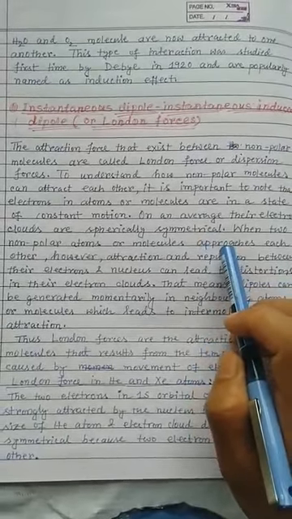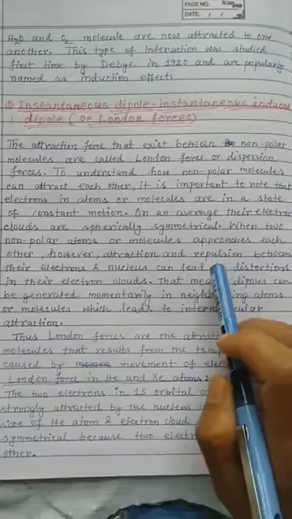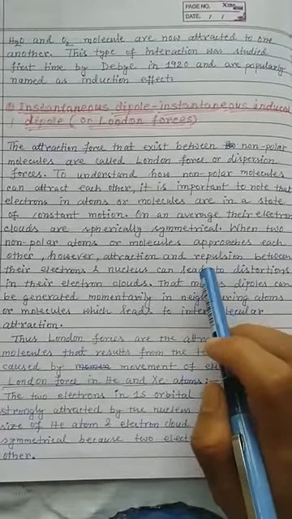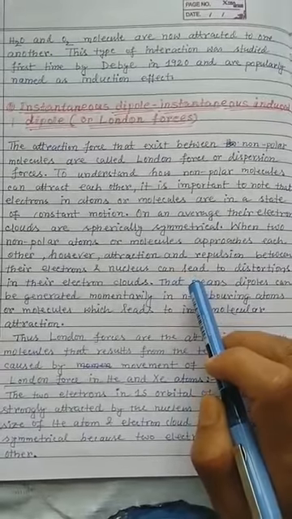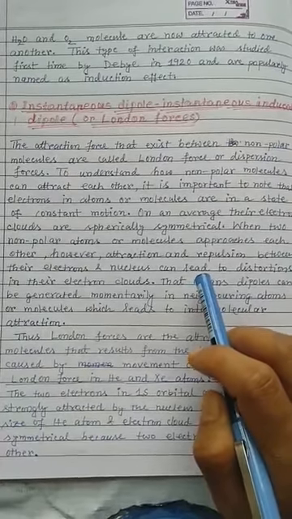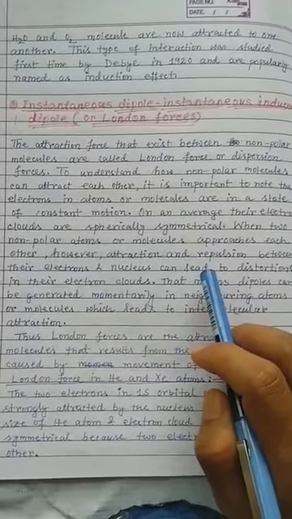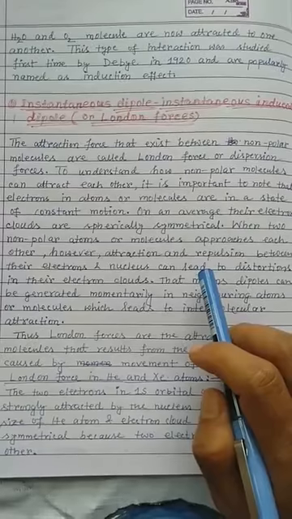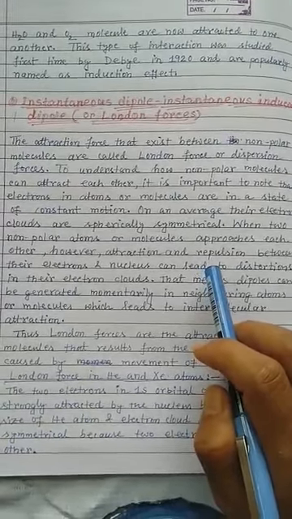Okay, when two non-polar atoms or molecules approach each other, however, the attraction and the repulsion between their electrons and nuclei can lead to distortion in their electron clouds. When two such non-polar molecules, whose electron clouds are spherically symmetrical, approach each other, the nucleus of the first atom or molecule can attract the electron cloud of the second.